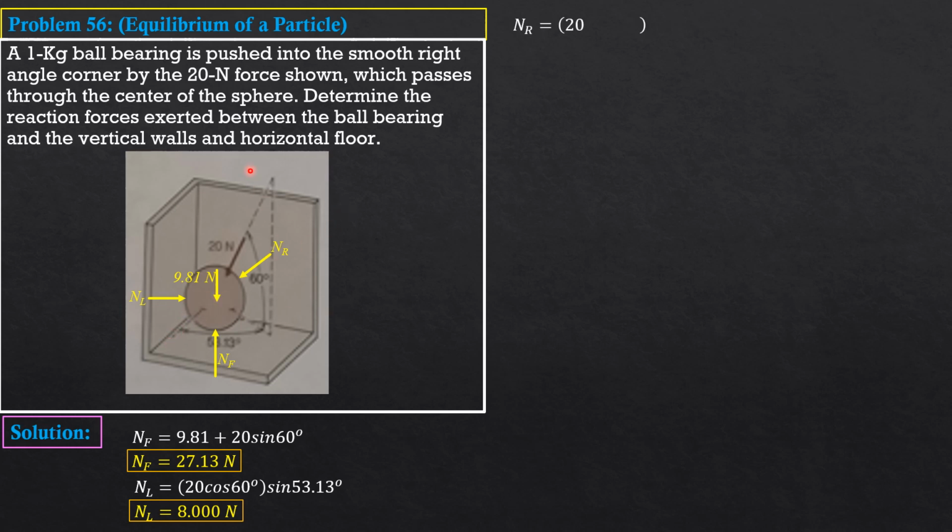So NR equals again 20 cosine of 60 parallel to the floor, then times cosine of 53.13 degrees. So N sub R is equal to 6.00 newtons. So that's the reaction at the rear wall. So this is just a matter of resolving a force into its components so that we can compute these reactions.